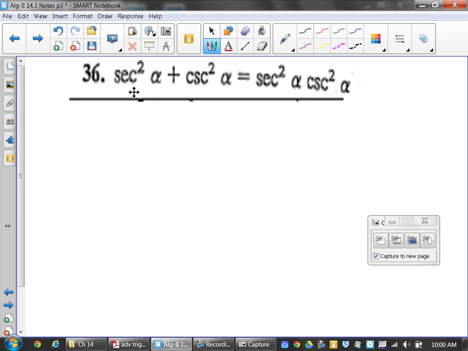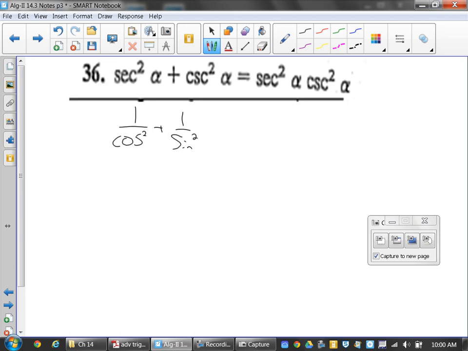So once again, we're going to take the left side and rewrite it in terms of sines and cosines. Secant squared is 1 over what? Cosine squared. So I have 1 over cosine squared plus 1 over sine squared.